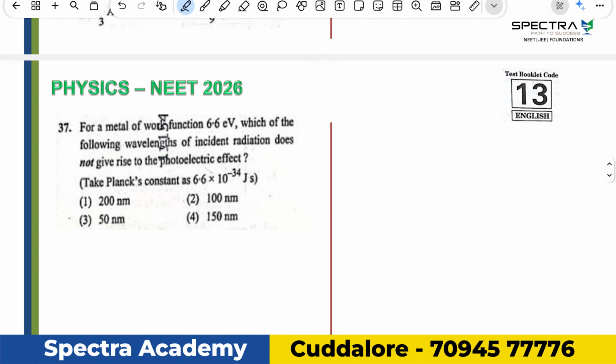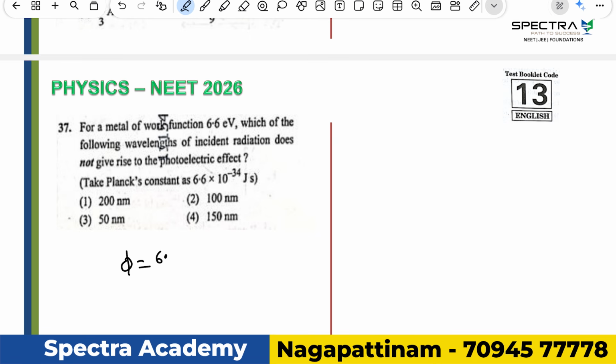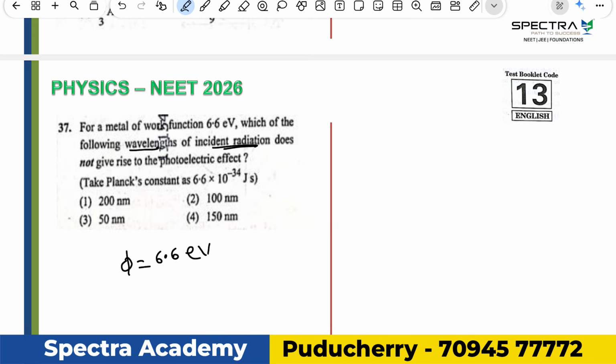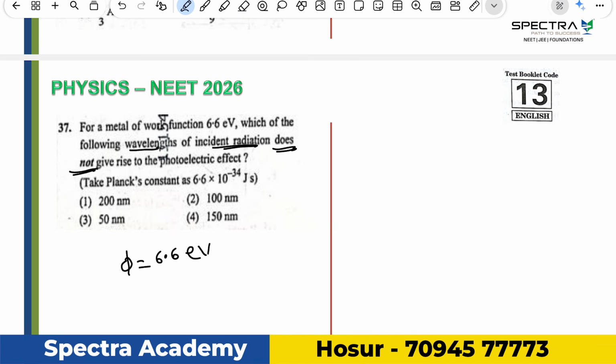What they have given to us: for a metal, a work function is given, that is 6.6 electron volt. Which of the following wavelengths of incident radiation does not give, please underline this here, does not give rise to photoelectric effect?